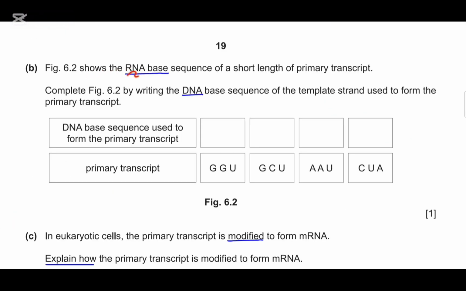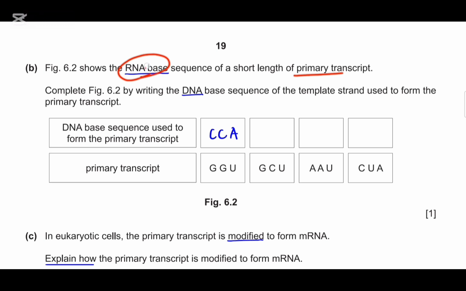Figure 6.2 shows RNA-based sequences on the short length of primary transcript. Complete by writing the DNA-based sequences of the template strand used to form the primary transcript. So basically, you follow the complementary base pairing rules. In this case, quite simple. So C, A. Remember, this is the primary transcript.